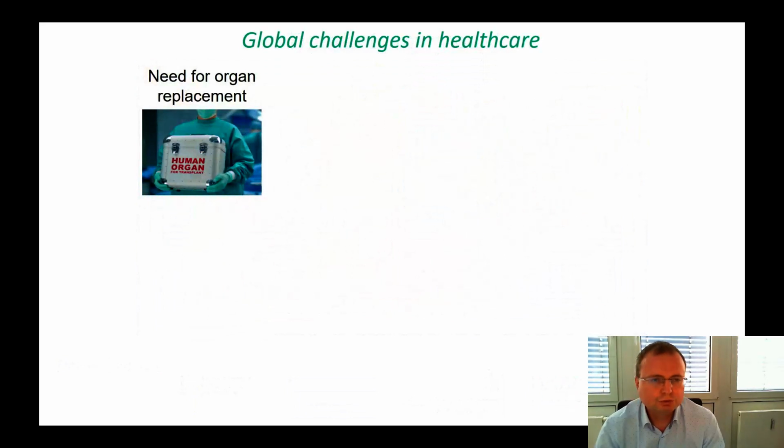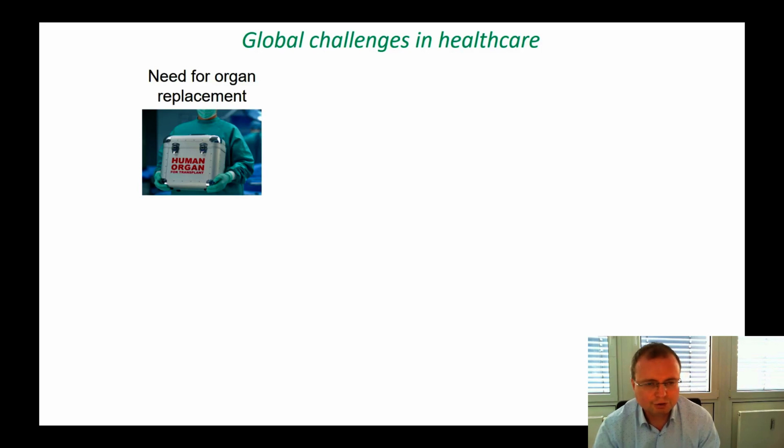Why is the research which we do very important? Everybody knows that the number of people living on the earth is increasing, and people get older, average life expectancy increases. There is a constantly growing need of organ replacement.